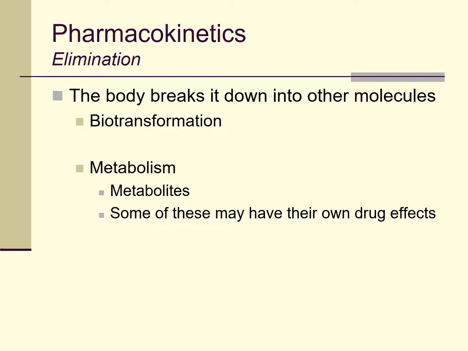Interesting to note, and we'll cover this in future lectures, some of the metabolites of the drugs we look at have their own interesting drug effects. But whether we call it biotransformation or metabolism, this is just the process of chemically breaking down drugs, which occurs almost immediately once you take something into your body.